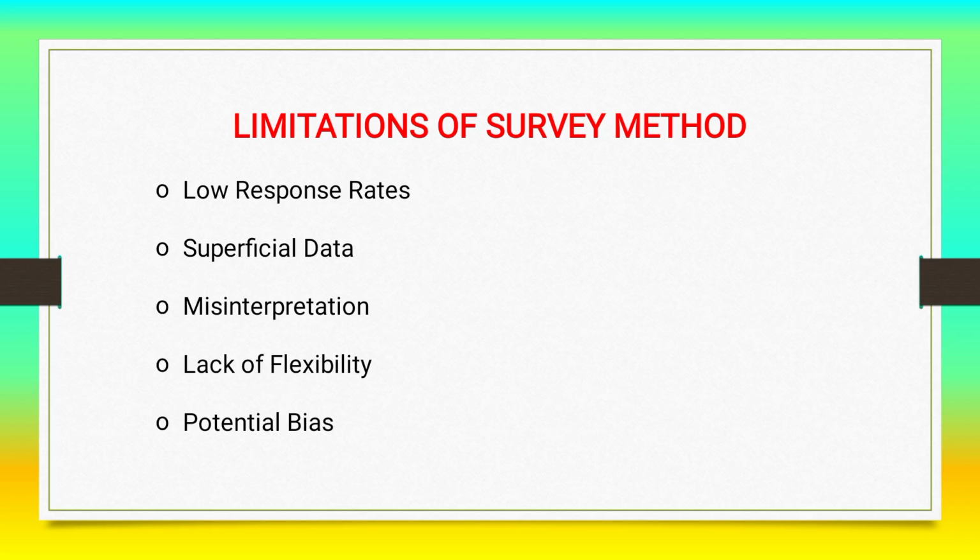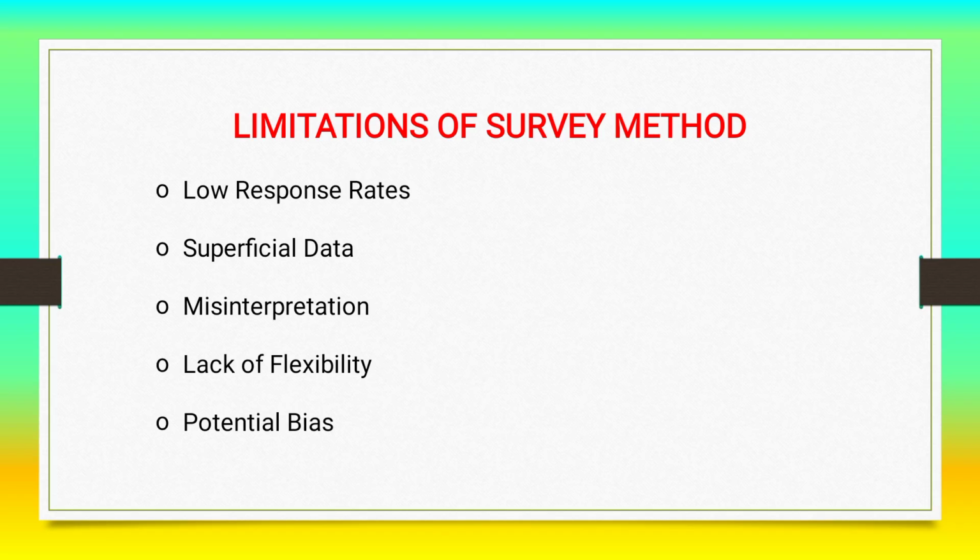Respondents might misinterpret questions without the opportunity for clarification, leading to inaccurate or incomplete responses. Lack of flexibility. Once a survey is distributed, it's difficult to adapt questions based on responses, limiting the ability to explore emerging topics.